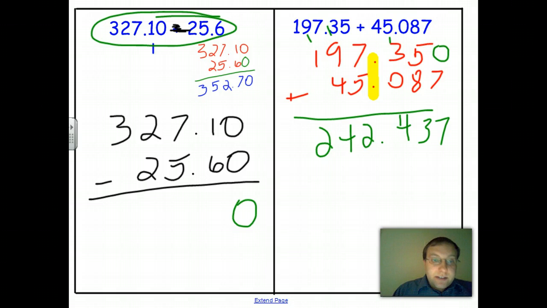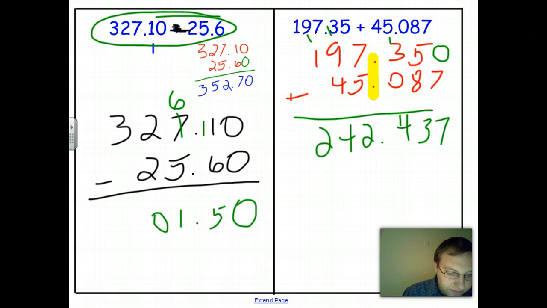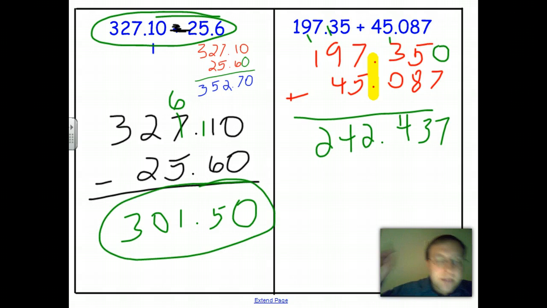Reviewing now, if you're not familiar with this, you can brush up on your subtraction and borrowing, but we need to borrow from the ones. You can turn one of those ones into 10/10ths, because 1 one represents 10/10ths the same way as 1 ten represents 10 ones. So now 11 minus 6 is 5, 1, 0, and 3. So 327 and 10/100ths minus 25 and 6/10ths is the same as 301 and 5/10ths.